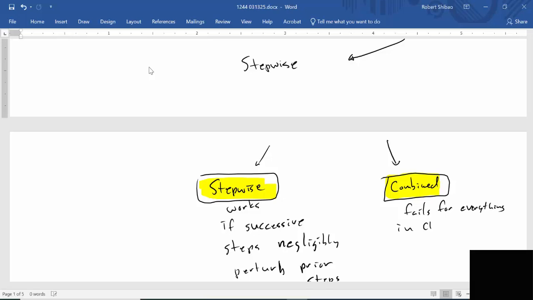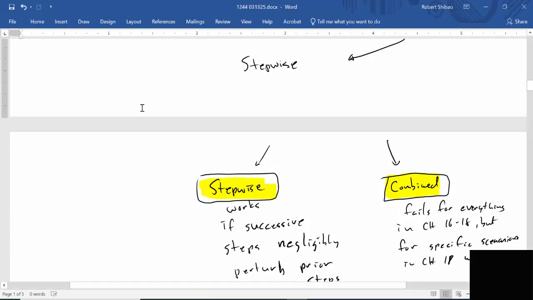It fails for everything in chapters 16 through 18, but for specific scenarios in chapter 19, it works.